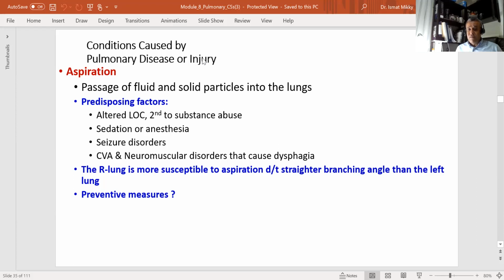So maintain the head of bed elevated to prevent aspiration. These are the preventive measures. Aspiration also results in patients with a swallowing problem or difficulty. So due to any of these, especially stroke or CVA, we have to maintain the head of bed elevated.